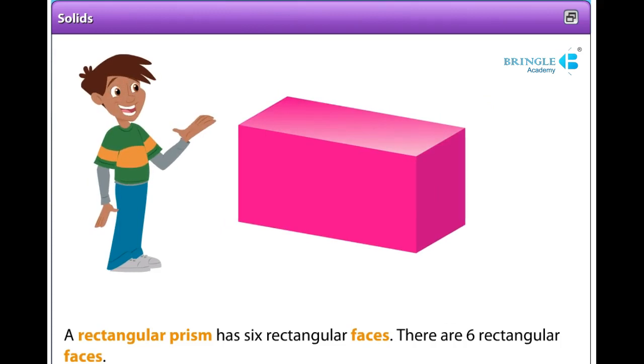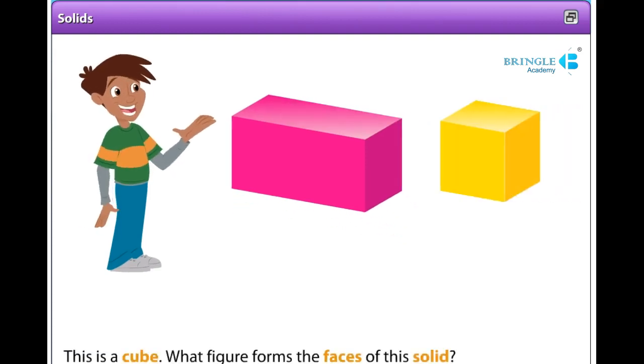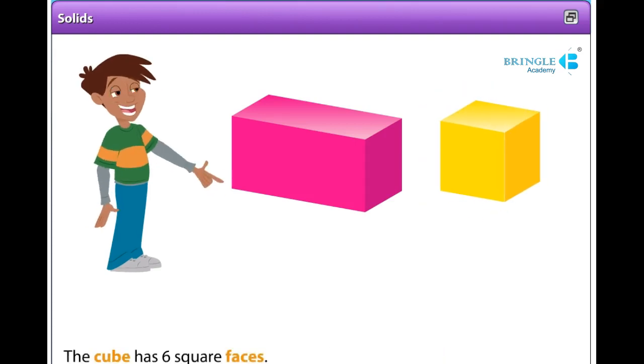There are 6 rectangular faces. This is a cube. What figure forms the faces of this solid? The cube has 6 square faces.